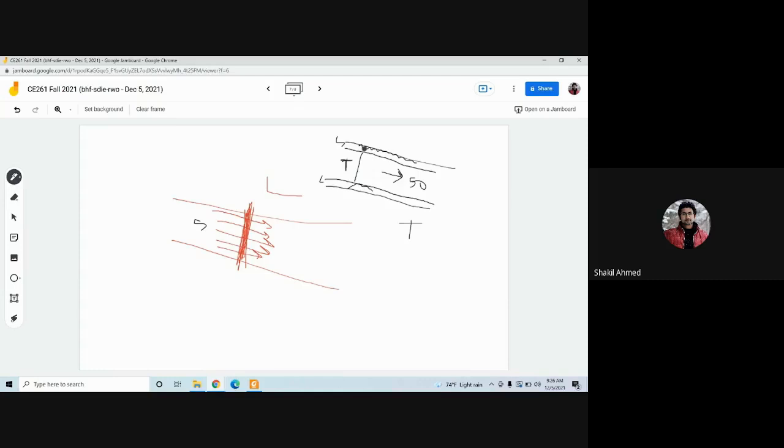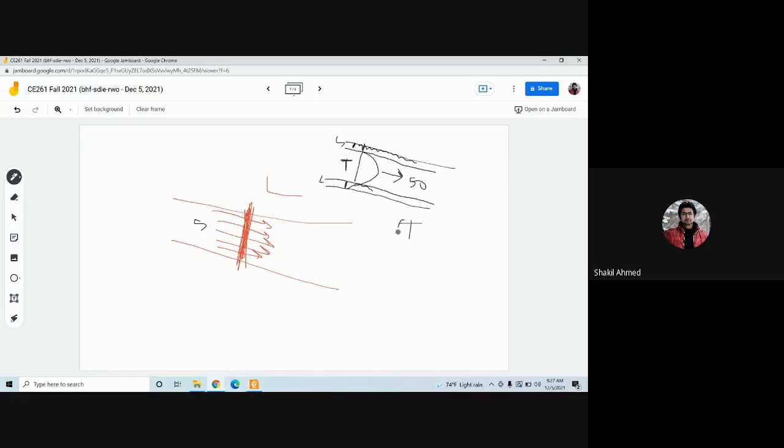So here, due to the high velocity overall and friction, this layer which is close to the pipe wall cannot move faster. So there is a slow moving layer, but here is a fast moving layer. There is a slow moving layer, and this layer therefore is a laminar flow layer.